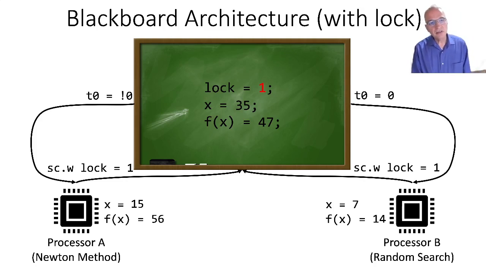So, as you can see, this is exactly the same mechanism that we saw when we looked at the car and the truck on the road, trying to go through the narrow section of the road. Now the rest of the blackboard architecture will work as you expected. Each one of the processors will be able to read the values in the board, update it, and then release the lock after it has completed the update.